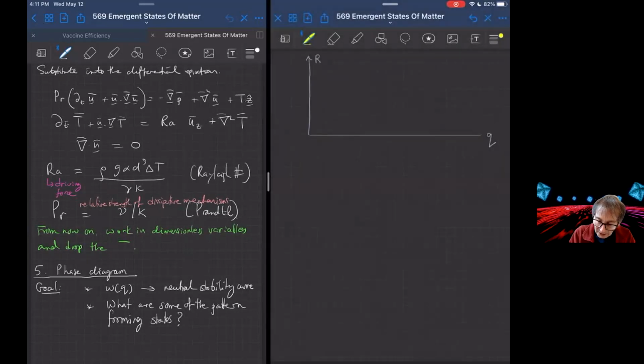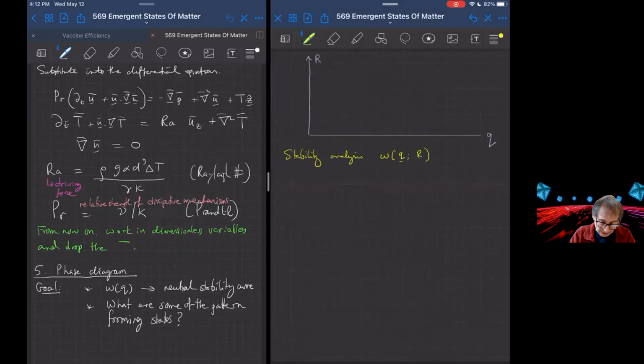So from the stability analysis, I'm going to assume that I've computed omega of q as a function of the control parameter, which I'll call R.